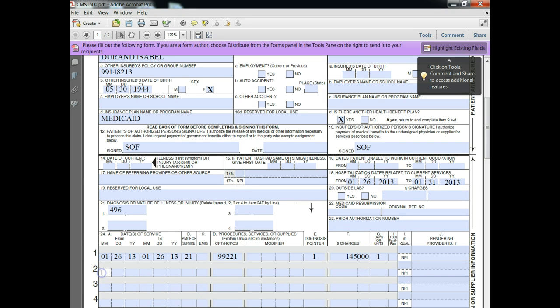Then we need to put a code in for subsequent hospital days. And by the way, the reason why the first day of admission charge is so high is that they do a history and physical.